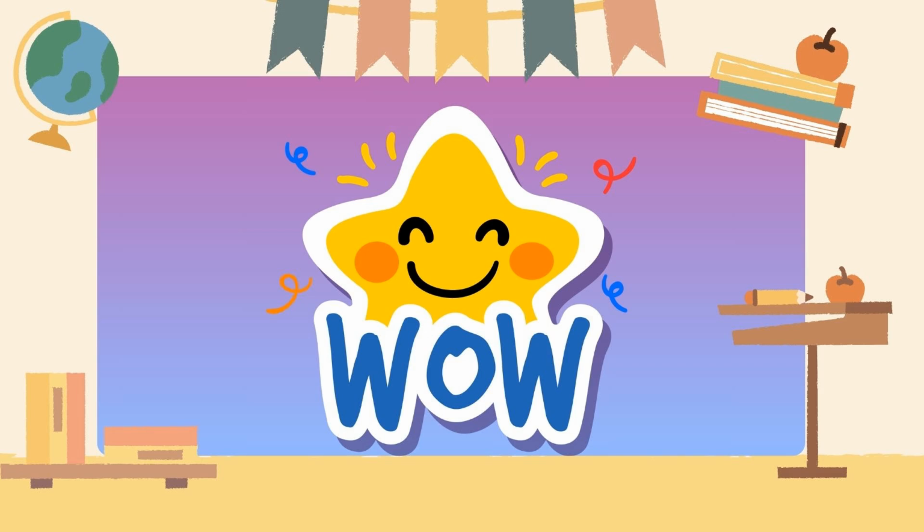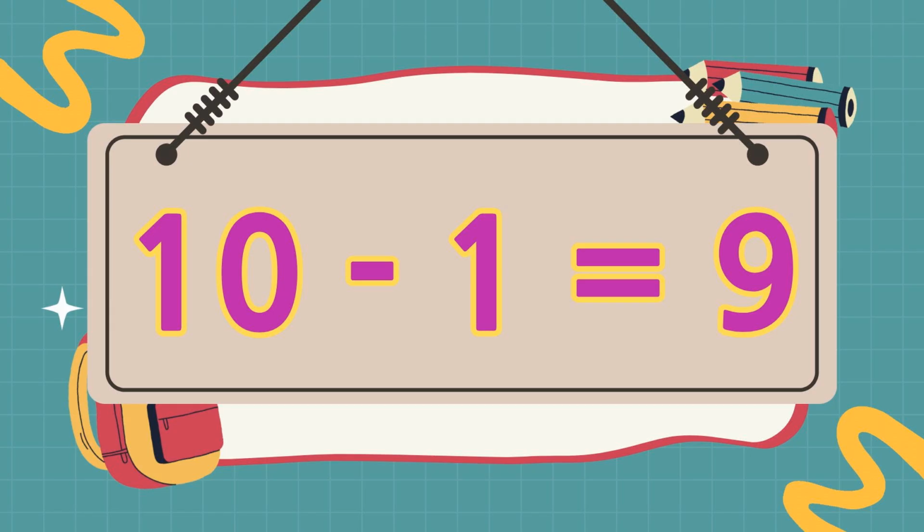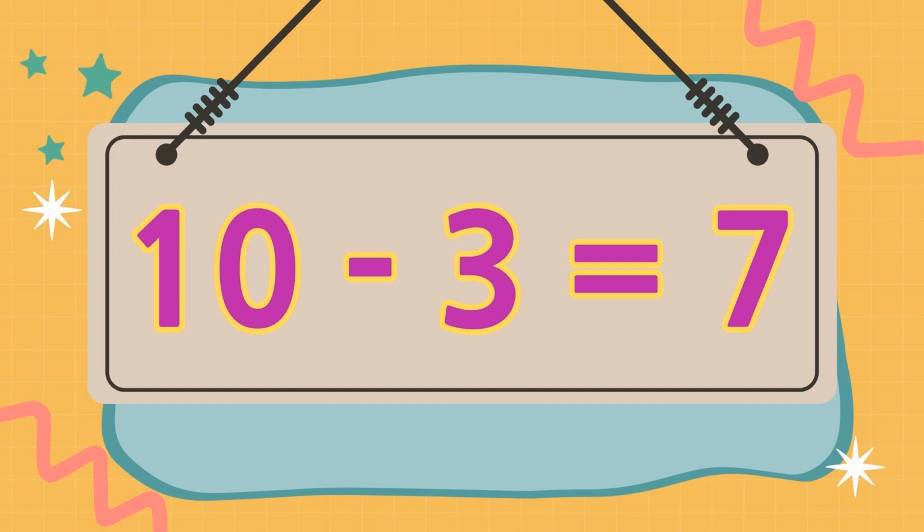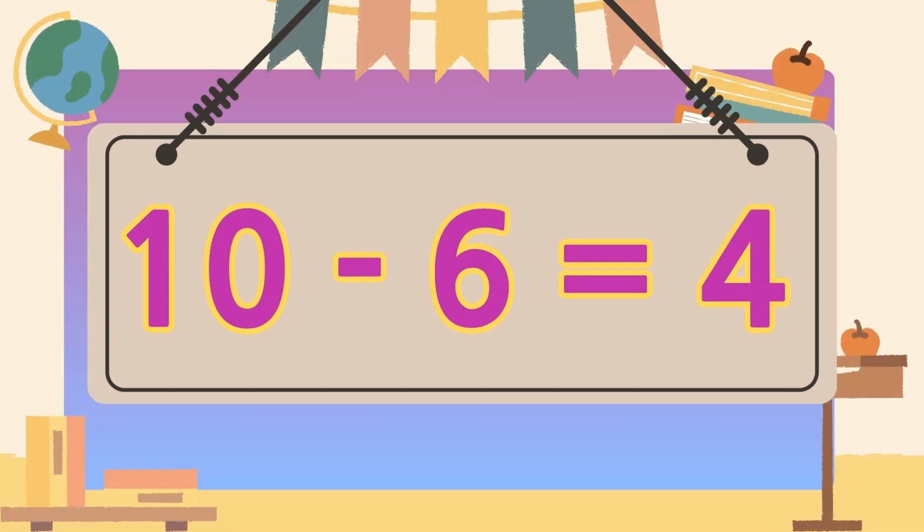Let's start a fun math game. 10 minus 1 is 9. Forsythia blooms so fine. 10 minus 8 is 2. Azaleas shine with morning dew. 10 minus 3 is 7. Cosmos dance in fields of heaven. 10 minus 6 is 4.